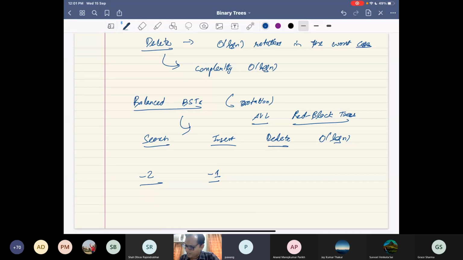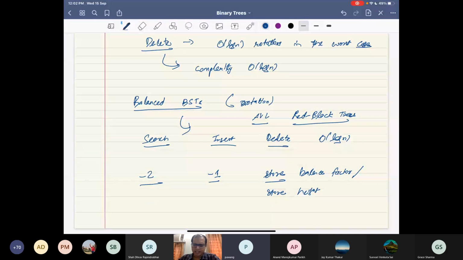And actually, I'll just tell you, there is a code on GFG for this AVL, and that uses height. That does not store balance factor. That stores height at every node and computes balance factor by subtracting the height of the left from the right. So you can do either way. You can either store a balance factor, or you can store height and compute the balance factor from the height.